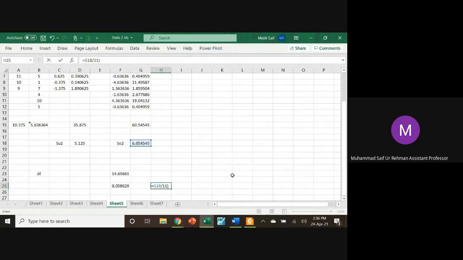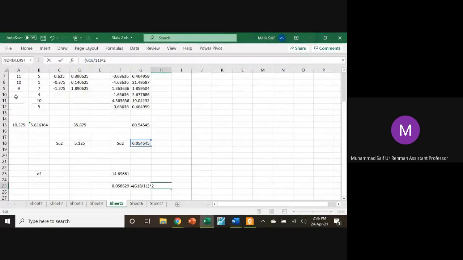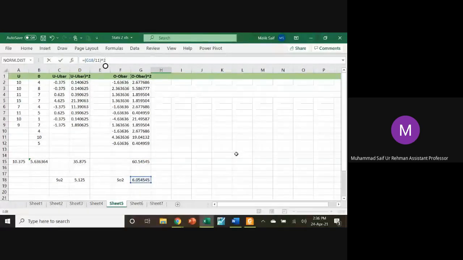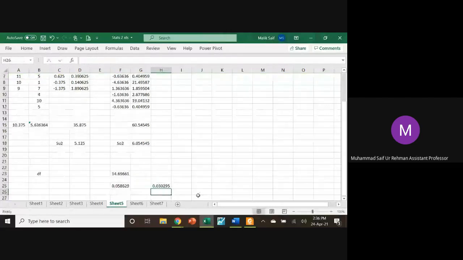So put braces, base, take square. And then you have to divide it with NO minus 1. So NO is 11. 11 minus 1 is up to this point. You have to close the braces. Now press enter. This is the value.